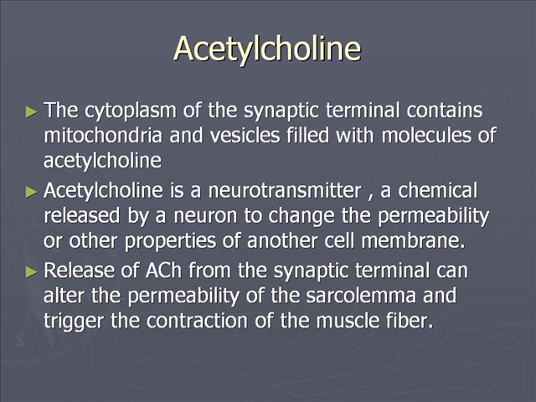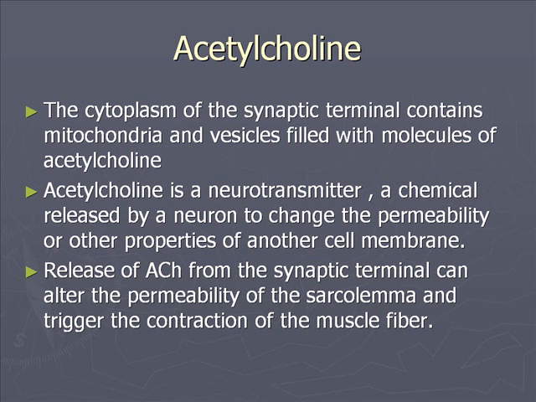The cytoplasm at the synaptic terminal, again, this is the point where the nerve will make contact with the muscle. The synaptic terminal contains mitochondria. We need mitochondria for energy, and vesicles that are filled with molecules of acetylcholine. Acetylcholine is a neurotransmitter, a chemical released by the neuron to change the permeability or other properties of another cell membrane.